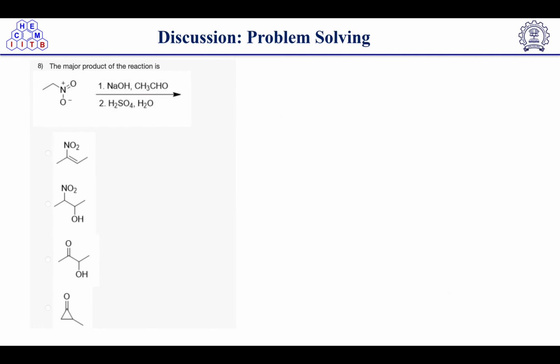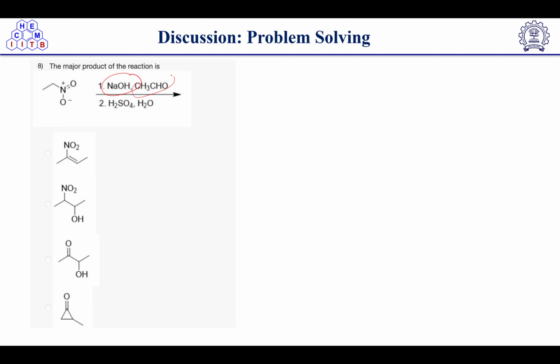Next question. The major product of the reaction is. We have discussed the Henry reaction. Remember, in the Henry reaction we were saying that the nitro group is there instead of the aldehyde and ketone, right? So here we have a nitro group. This is a type of Henry reaction, and on the arrow we have a base, right?